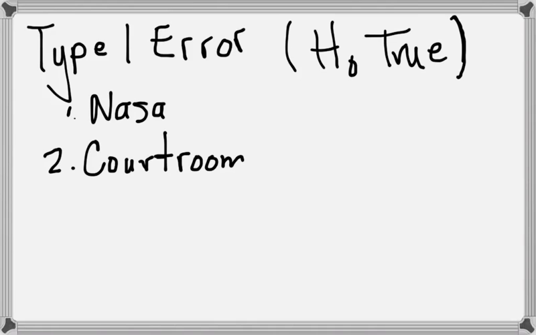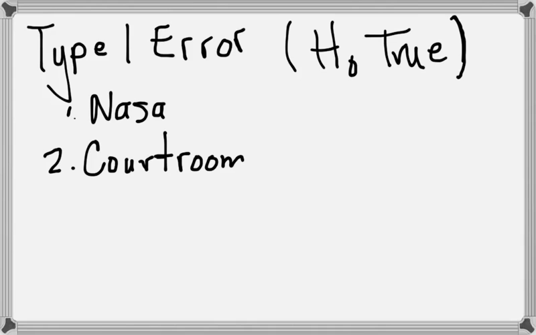If it's not, you cancel the launch. The null hypothesis is that everything is fine. Until there is enough evidence to suggest that something's wrong, we're not going to stop it. We're not going to assume that something's wrong, or we would never have a launch.